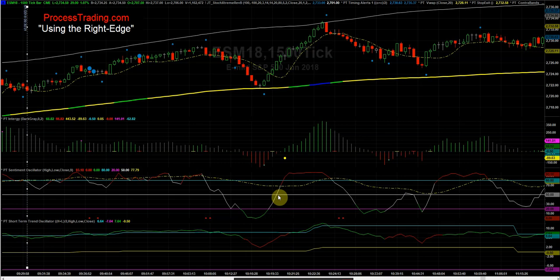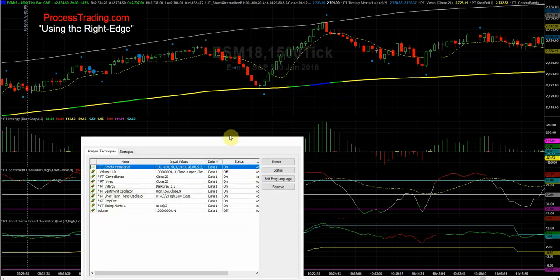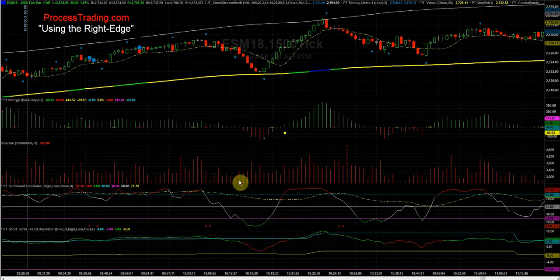Now that's what I want to talk about, and that's what I want to show you a little bit about. So let's take a look at that. First, let me put a volume bar on here so we can see it. So that's the volume bar from TradeStation.